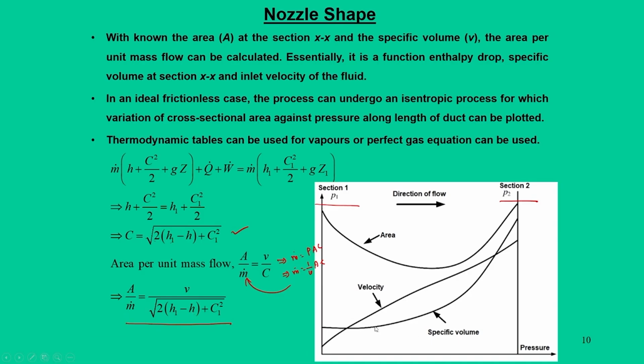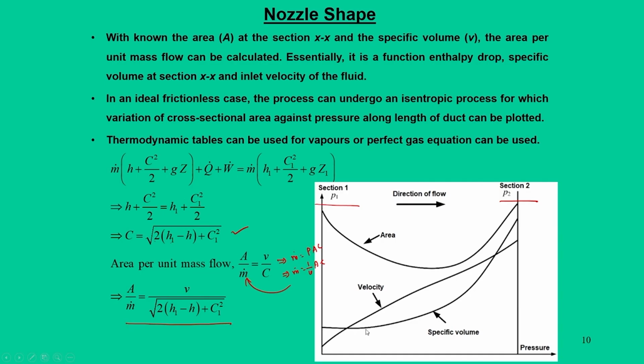The generic graph says that with decrease in pressure, as we perform the nozzle action, the area drops down to a particular value and then further increases, and the velocity continuously increases, which is our expectation, velocity must increase as the pressure drops.